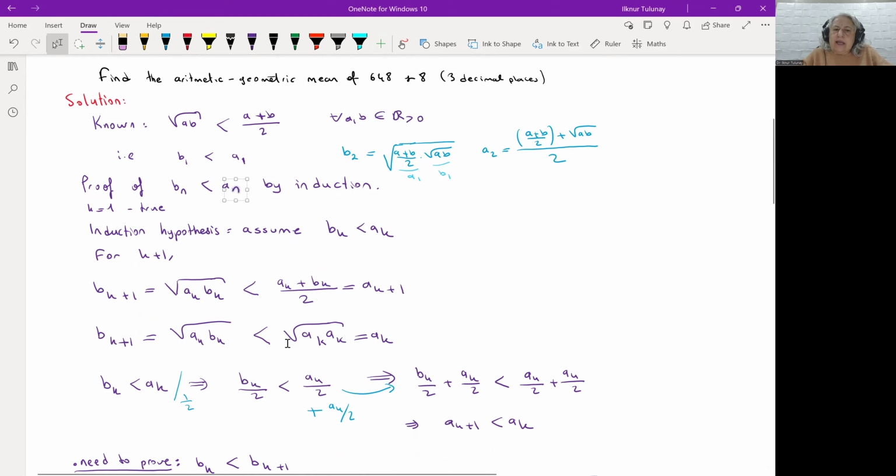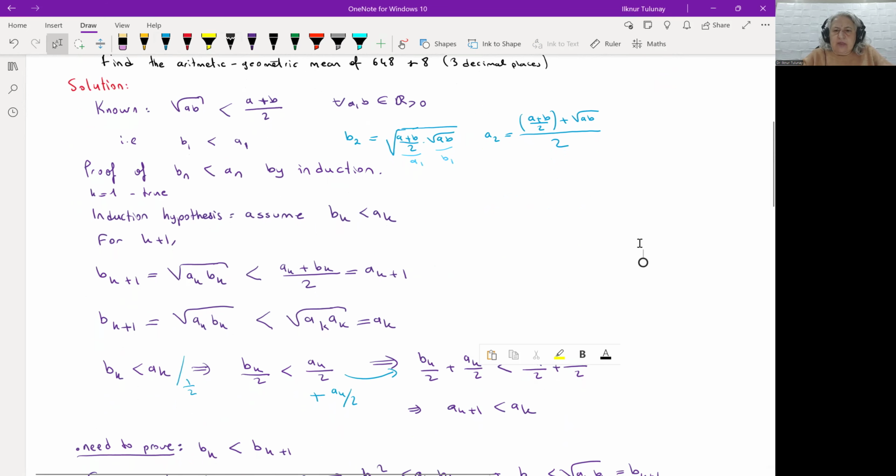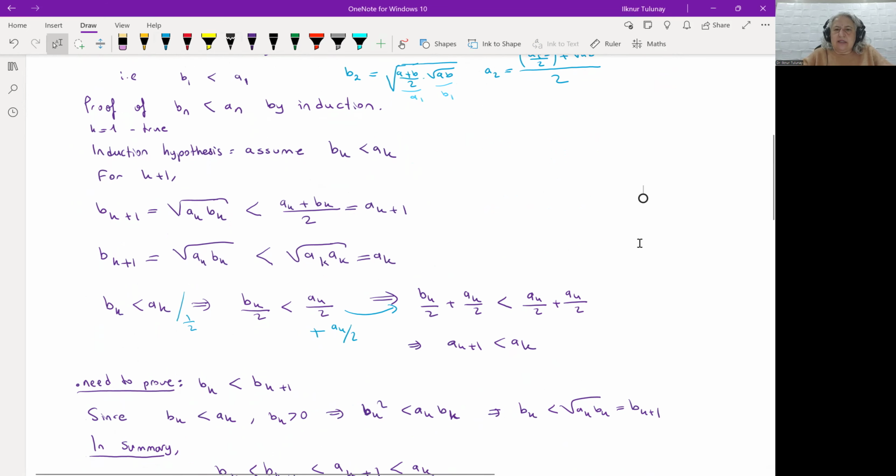So I can replace that, and this is the square root of a_k squared, which is a_k. So we found b_(k+1) is smaller than a_k. Everything will come out easily.